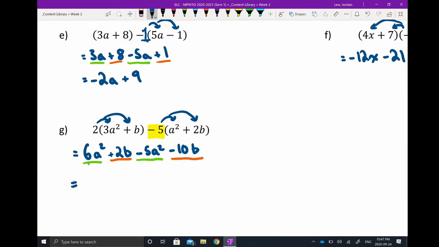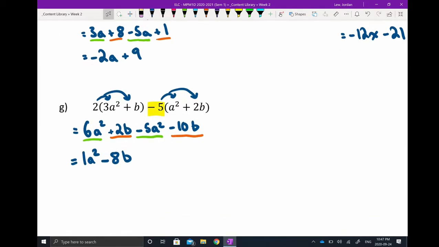So when I combine my like terms, 6a squared minus 5a squared is 1a squared, and then 2b minus 10b is negative 8b. And if you wanted to, you could just write a squared minus 8b, and we assume that there's that 1 or invisible 1 in the front.